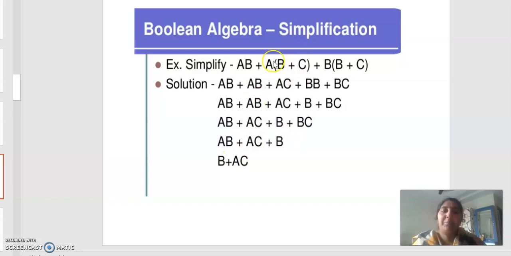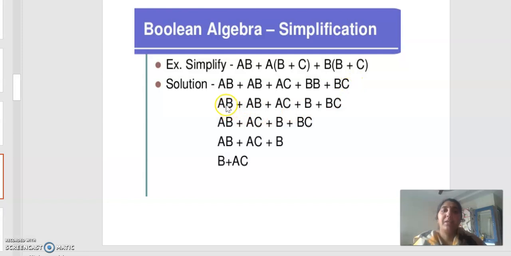To solve this type of expression, first we have to expand the AND terms and the OR terms. When we expand these terms, we get AB plus AC plus BB plus BC.